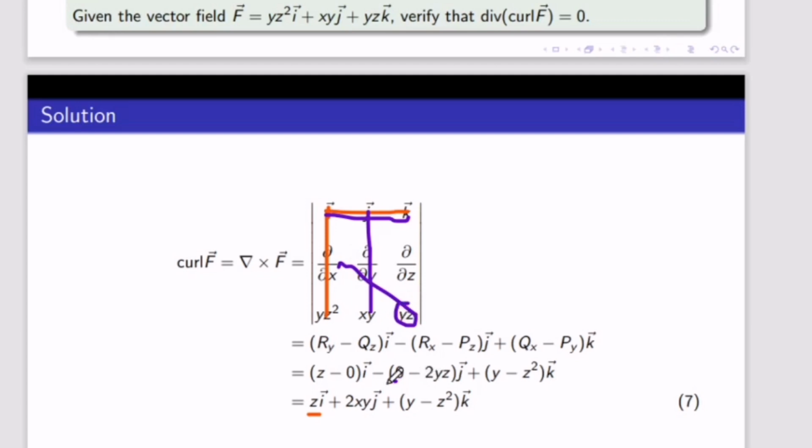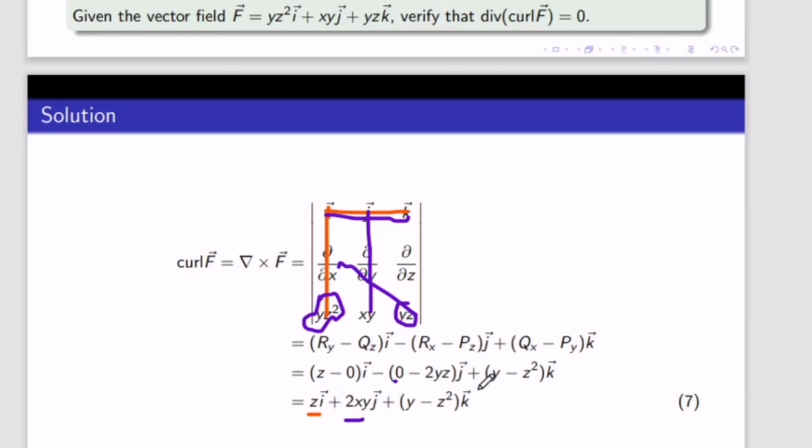Then minus, please don't forget that you have a minus sign here. So minus bracket open, you're going to get 0 when you partially differentiate with respect to x. Then you take this and partially differentiate it with respect to z, and that will give you 2yz. So at the end, you're going to get 0 minus 2yz, and there's a negative sign here because it is minus plus. So negative sign here, which will give.